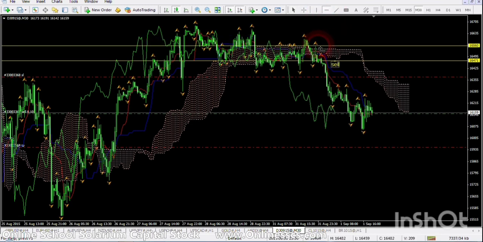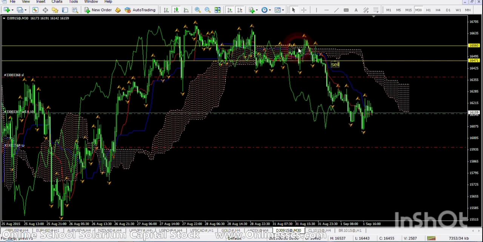So right now, you know how to do sell positions and buy positions, and put our TP and stop loss. If I do a sell position here in this zone, if I open a sell order, I put my stop loss, I'm sorry, I put my stop loss a little above the cloud, where there's a pivot.